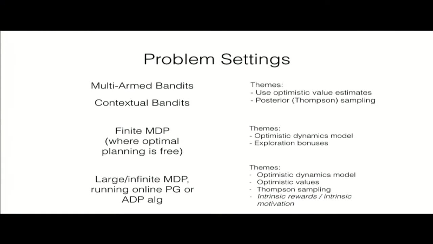So in particular, one class of algorithms for bandit problems is based on the idea of optimism, where you're uncertain about how good all the different actions are, but you're optimistic about the values, and you use that to choose the action. So you favor actions that have uncertain results.